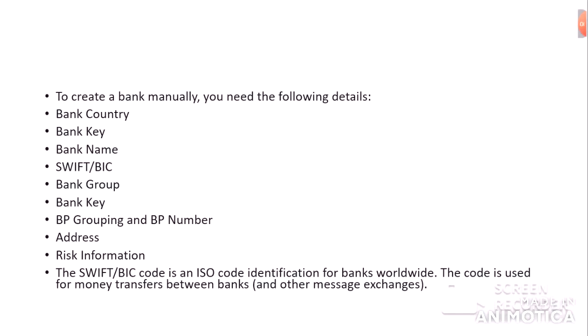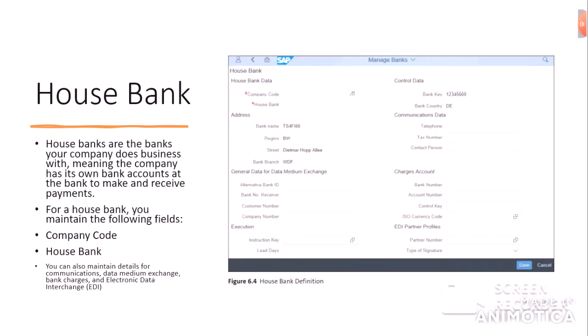The SWIFT or BIC code is an ISO code identification for banks worldwide. The code is used for money transfers between banks. So these are the fields which we require to create a bank manually in our system.